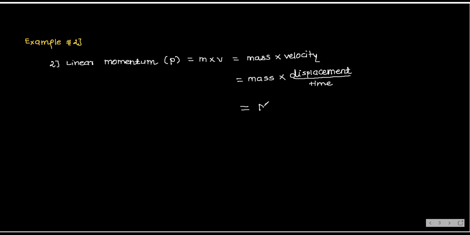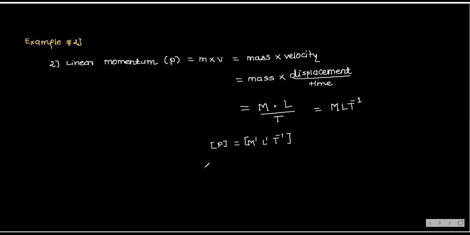Mass is represented by capital M. Displacement is represented by capital L. Divided by time, which is denoted by T. So this is equal to what? M L, and this is T power minus 1. So if you want to find the dimensions of momentum, they are what? 1 in mass, 1 in length, minus 1 in time.